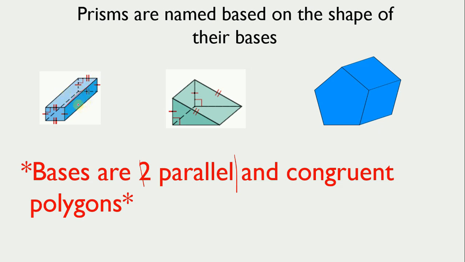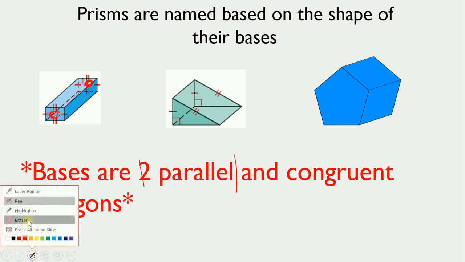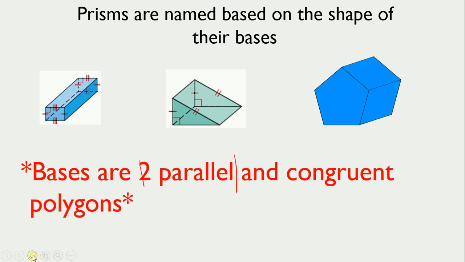These guys are running into each other. But this side right here and the back side here, those guys are never going to touch. Those guys are parallel. And if I look at those shapes there, those are both rectangles, right? They're only congruent opposites. So this would be known as a rectangular prism.